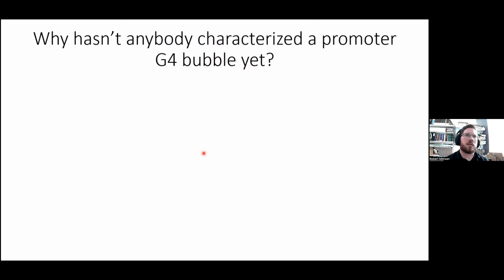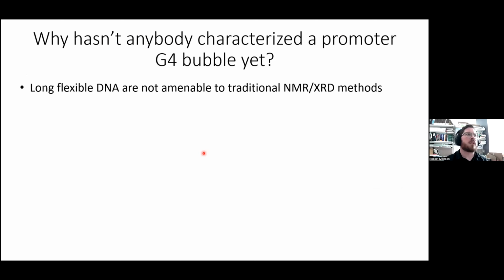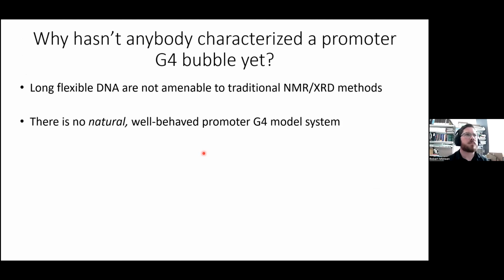And so why hasn't anybody actually characterized a promoter G-quadruplex bubble before? Well, long flexible DNA are traditionally not amenable to high resolution structural determination methods like NMR and X-ray diffraction.